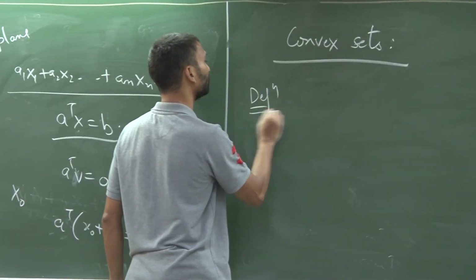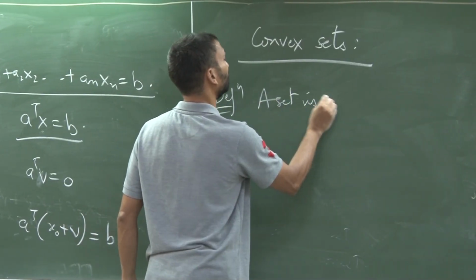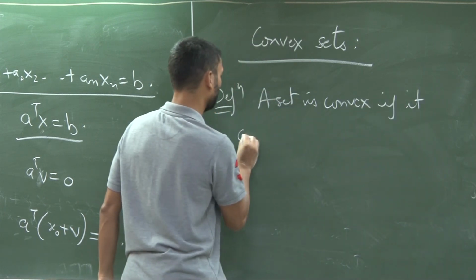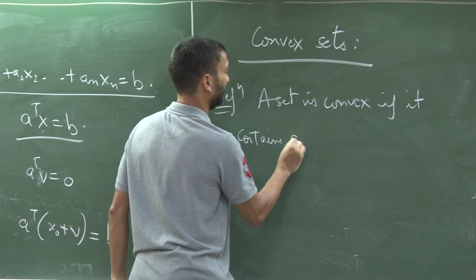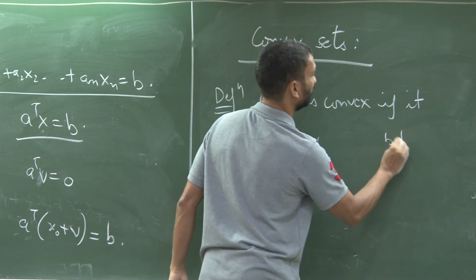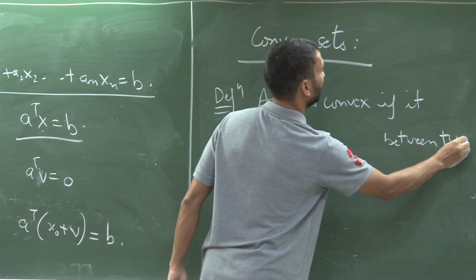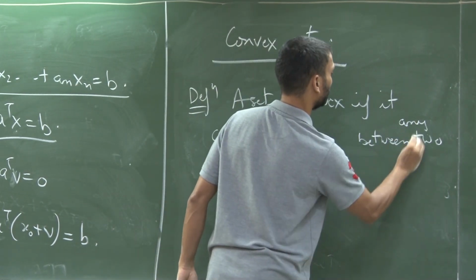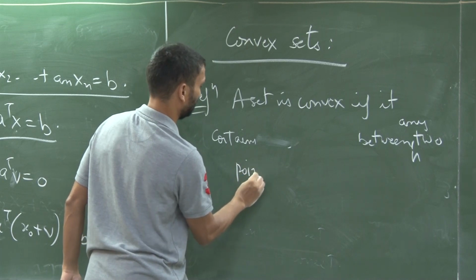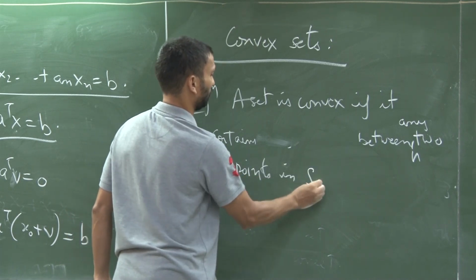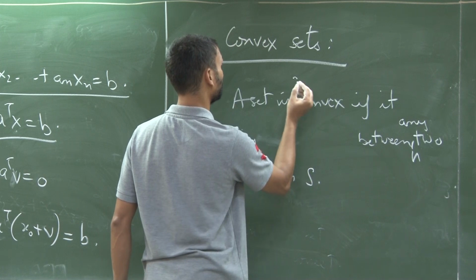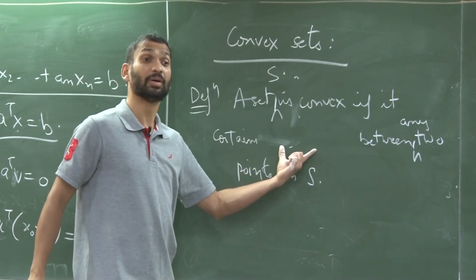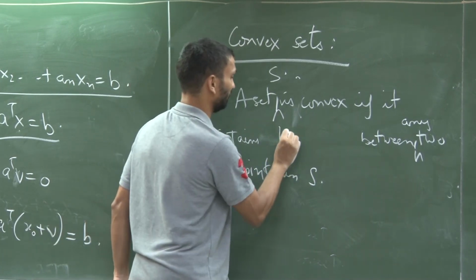What is the definition? A set is convex if it contains the line segment.